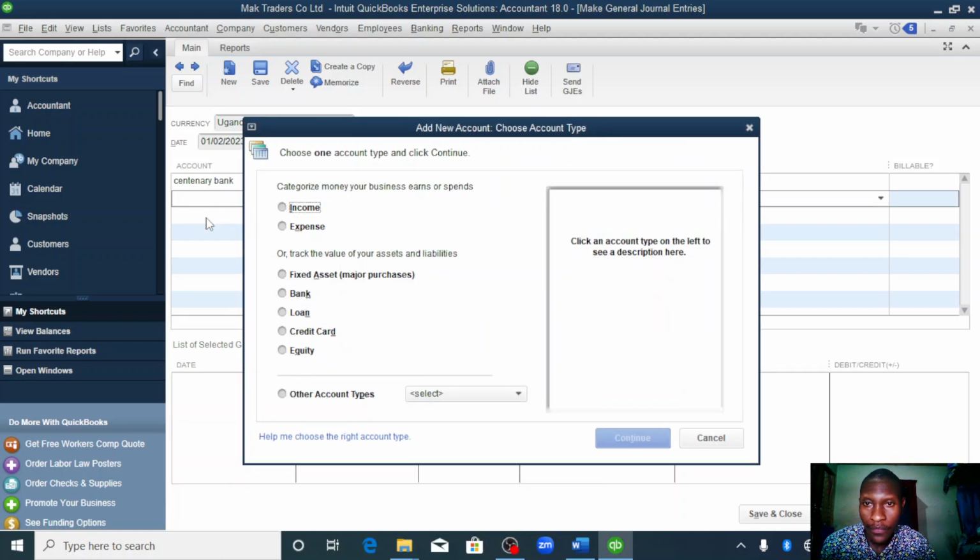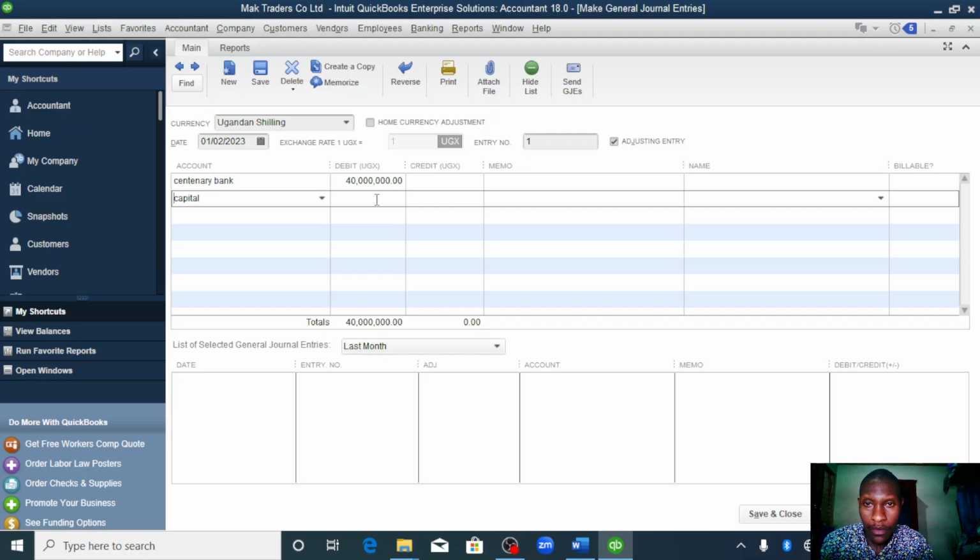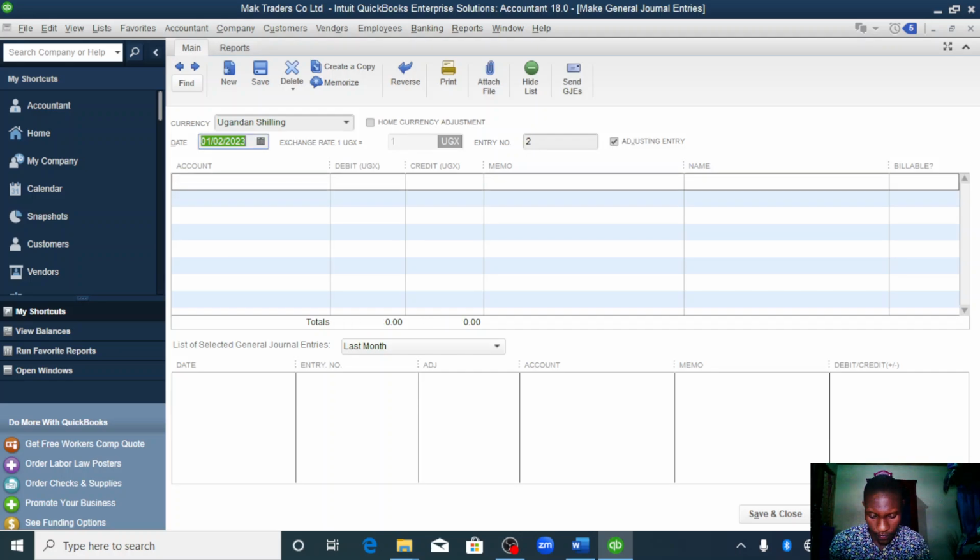We add it there under equity, capital account. Save and close. We credit it with the same figure, 40 million. We save and close, but we are having another transaction. We can enter here. We say save and new.